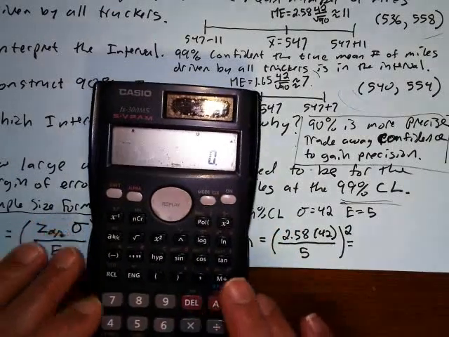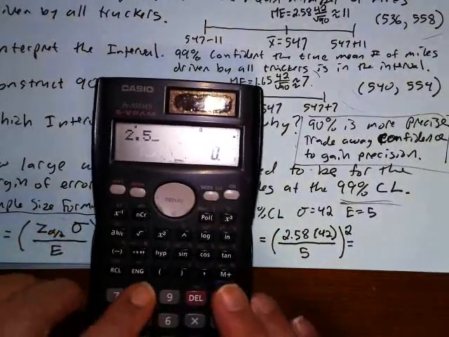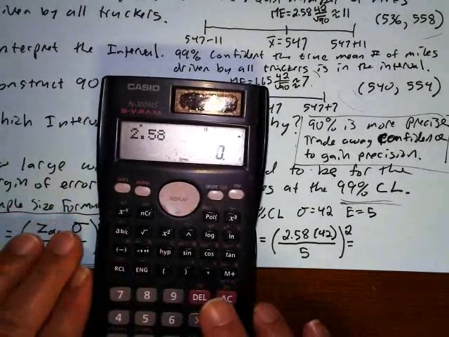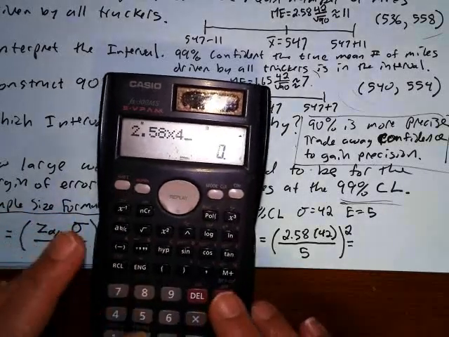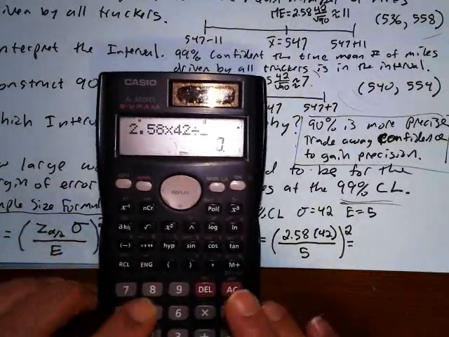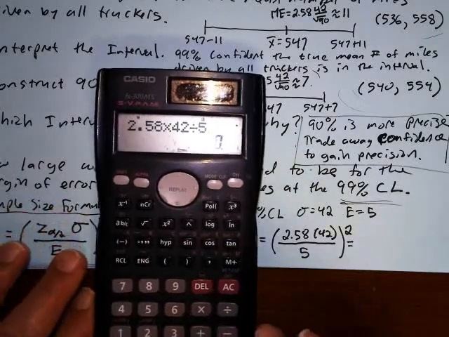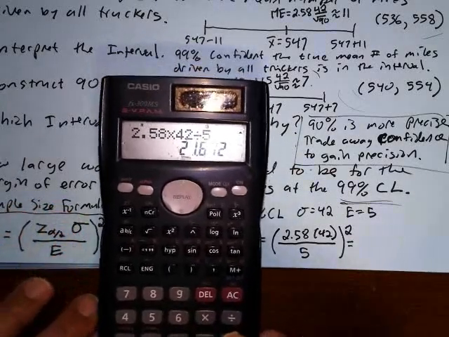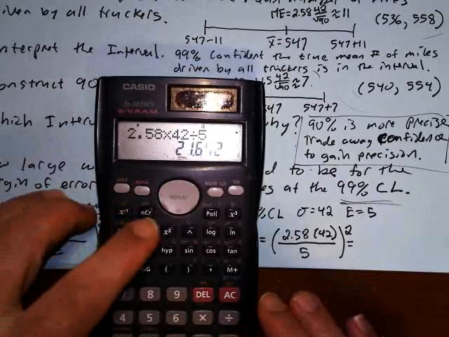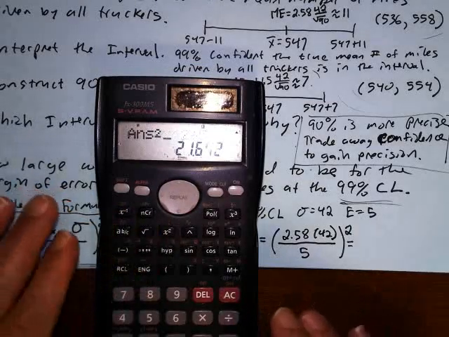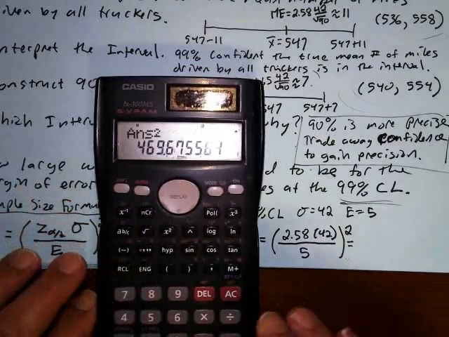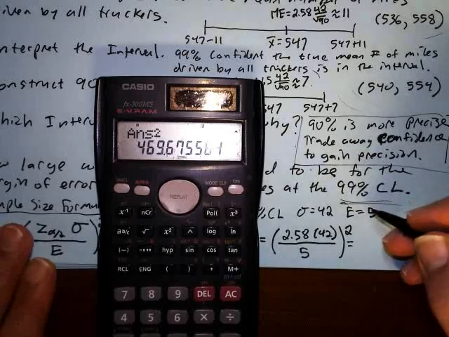So let's see. 2.58 times 42 divided by 5. Don't square it yet. Make sure you do the calculation in the parentheses. And now I'm going to square the answer. And look, I get this here.